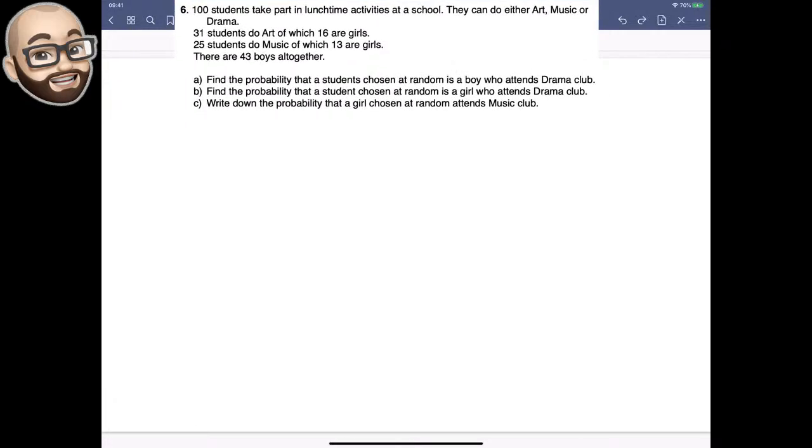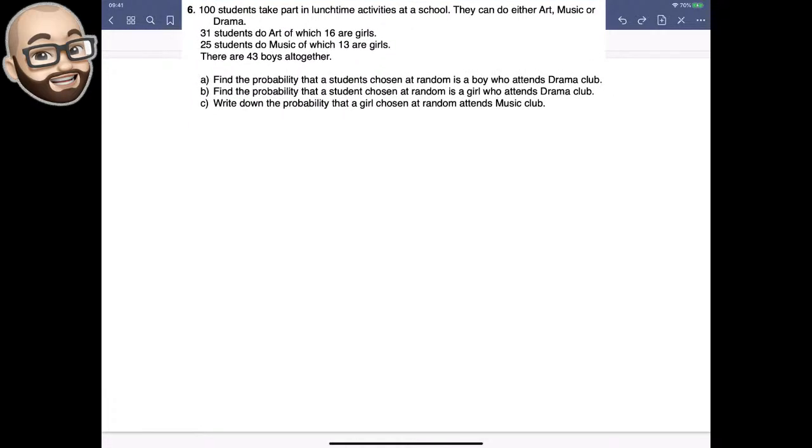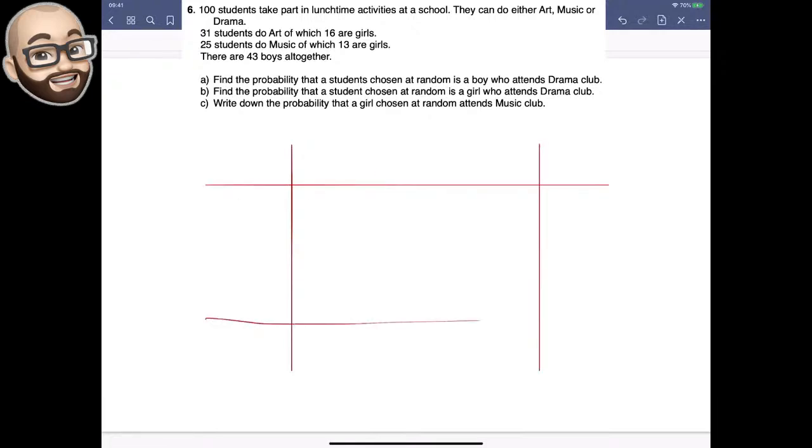So let's put the question at the top, and let me draw a table ready. The 2 things we're going to have on our table here are boys and girls, probably down the side, and along the top we're going to write art, music, drama, and we must make sure as well that we have some total columns. I think I've left myself enough room there.